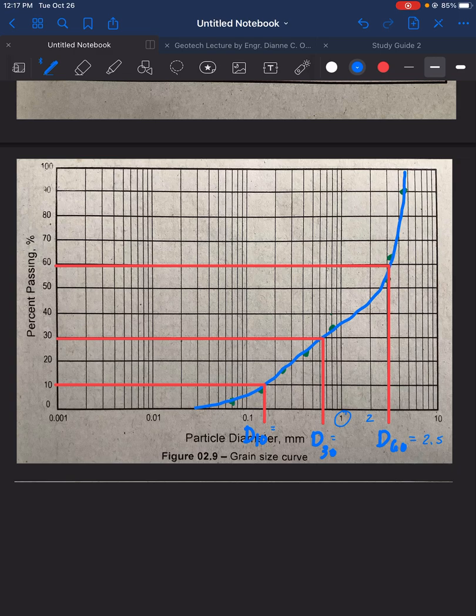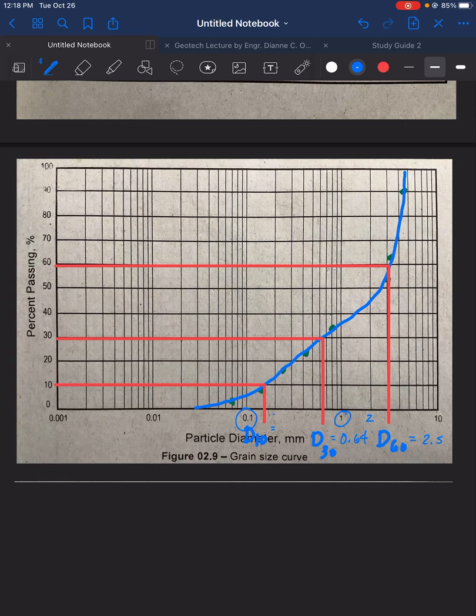For D30, we have here 0.1, 0.2, 0.3, 0.4, 0.5, 0.6. Let's say that is maybe 0.60 something, 0.60, 64, 65. Okay, so that's based on our sketch.